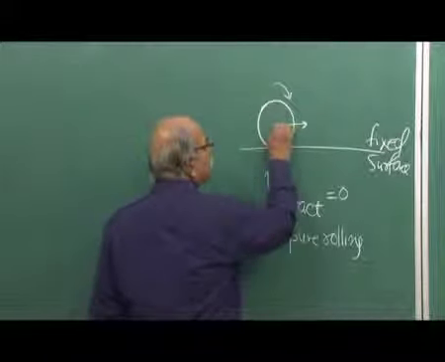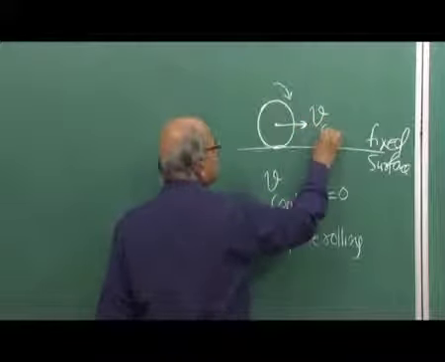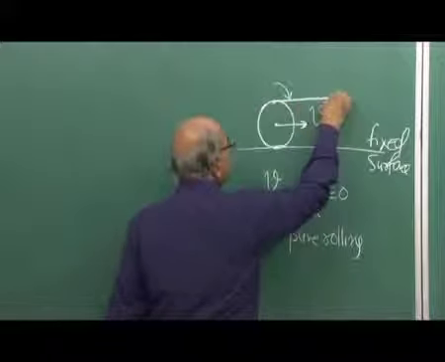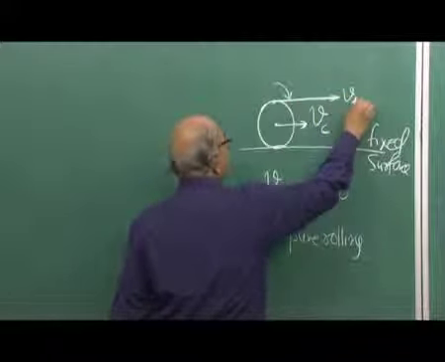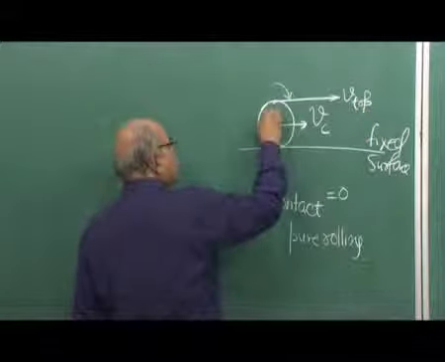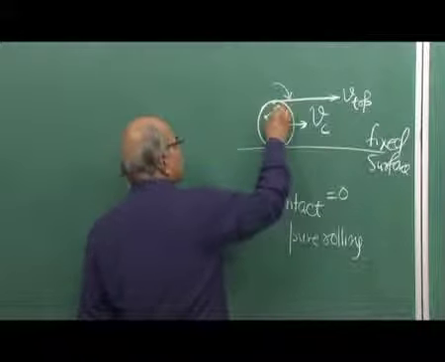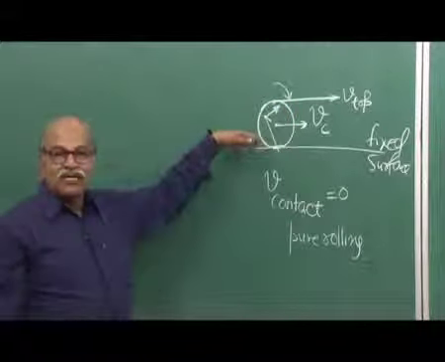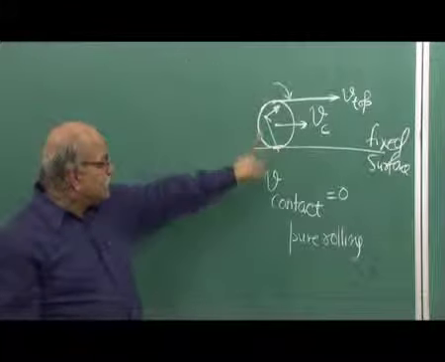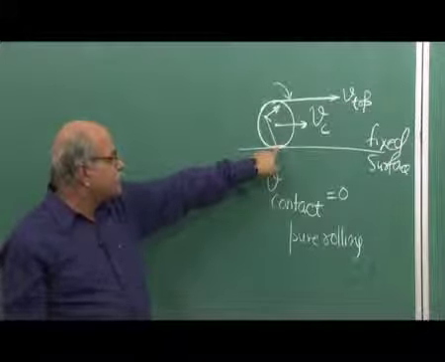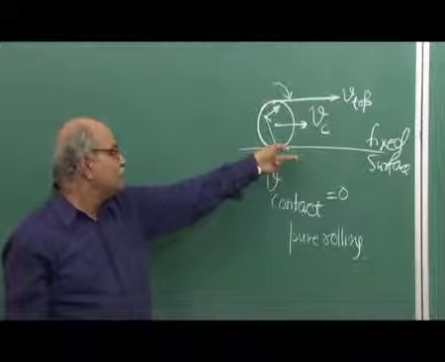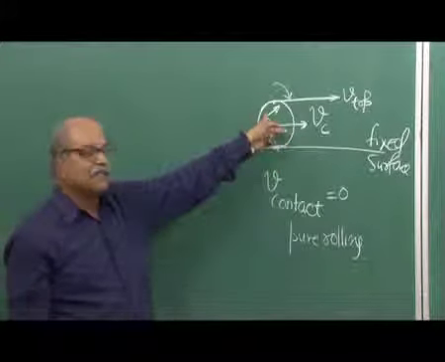Whereas the center is of course moving with some velocity, say Vc, and if you look at the topmost point, it is moving with some more velocity, let us say V top. If you look at some point somewhere here, that is moving with some other velocity. So different points move with different velocities, and a simple rule is this: take the point of contact as the instantaneous axis of rotation, and then you can use V equal to r omega to find the velocity.